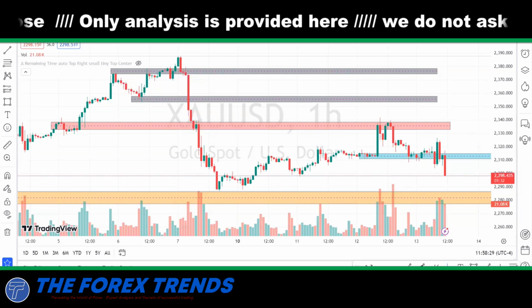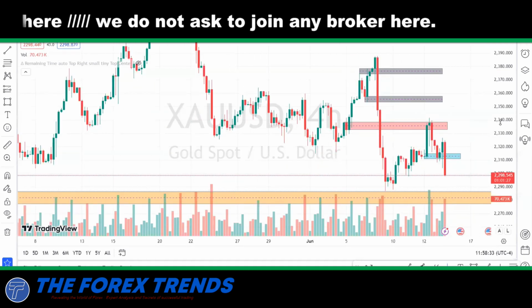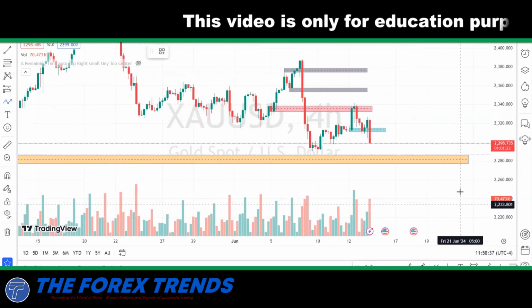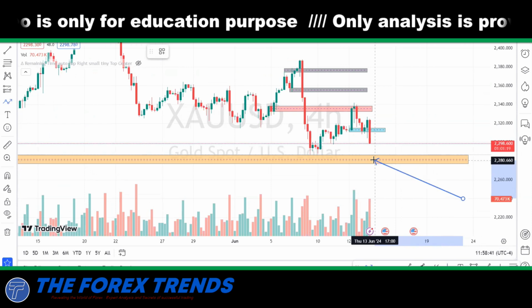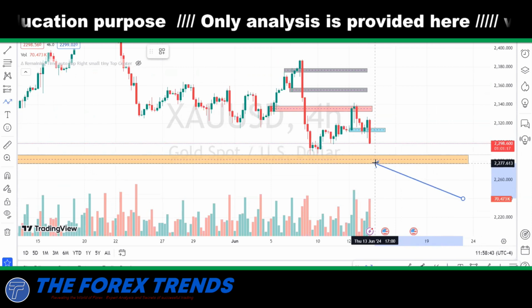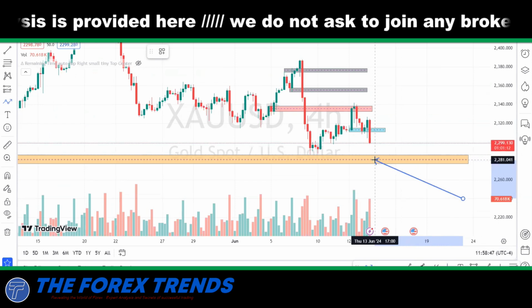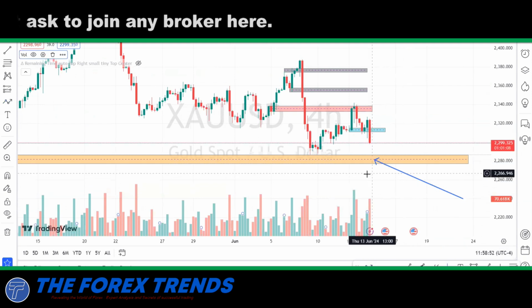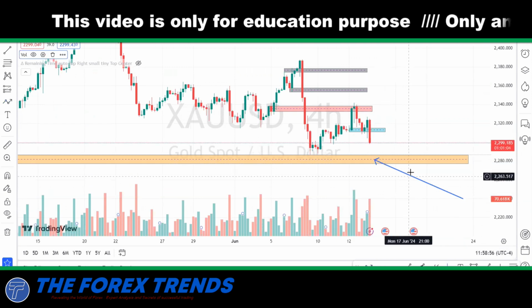Okay, let's start with the 4-hour frame. Now in the 4-hour frame, we had a strong daily level support, that is 2277. This is a good support to buy gold. If we get the price at this level, we can initiate a buy from here for 100 to 150 pips.